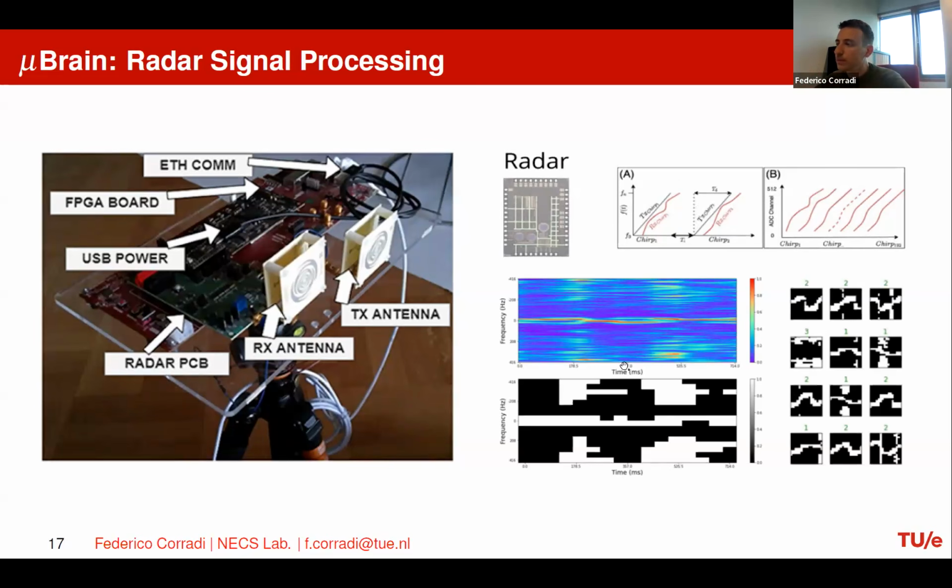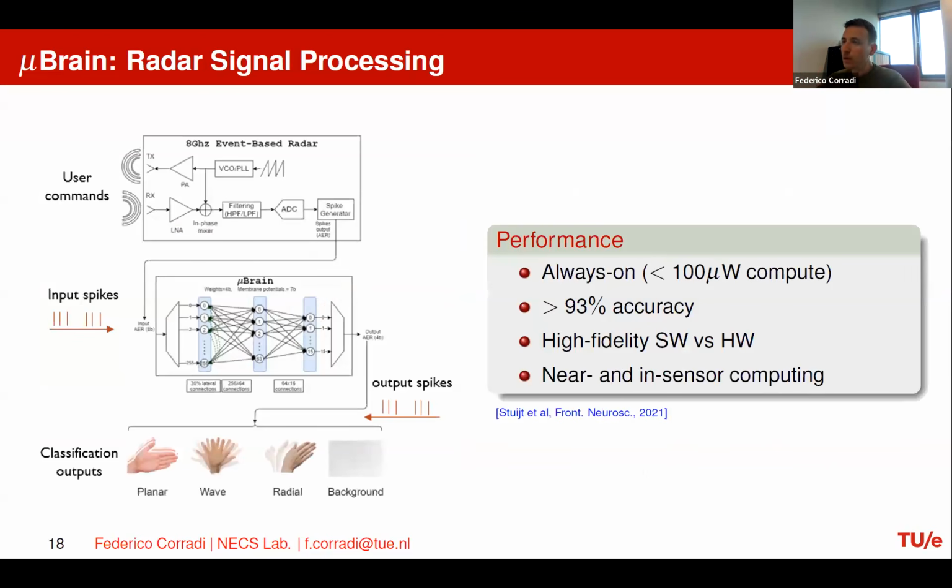We binarized them after doing pre-processing. And then we used these 28 by 28 small black and white images as input to our network. The task is about classifying these different patterns. You see 2, 2, 1, 1, 3, etc. Those are different gestures. So here you see the radar front end and your user command.